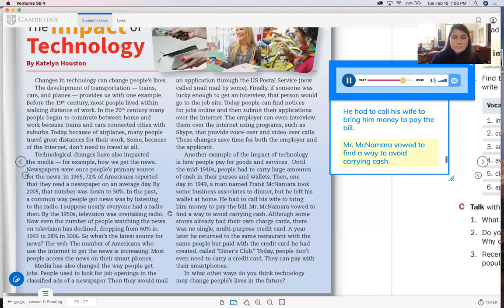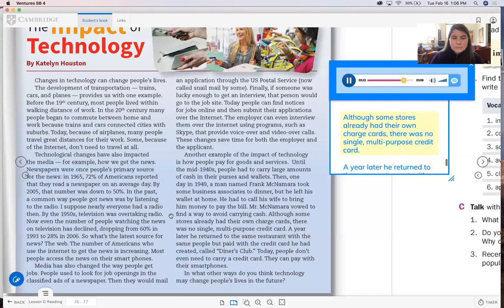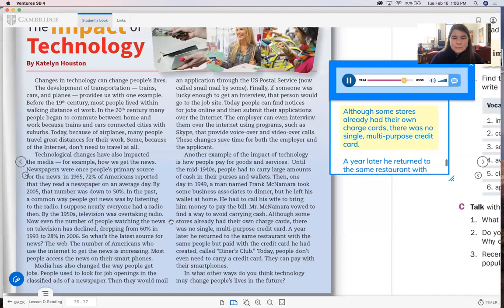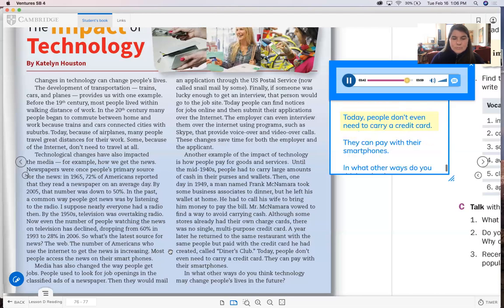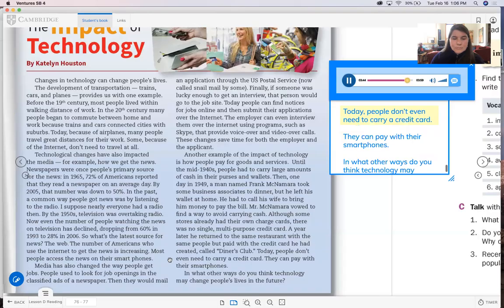Mr. McNamara vowed to find a way to avoid carrying cash. Although some stores already had their own charge cards, there was no single multi-purpose credit card. A year later, he returned to the same restaurant with the same people, but paid with the credit card he had created, called Diners Club. Today, people don't even need to carry a credit card. They can pay with their smartphones.